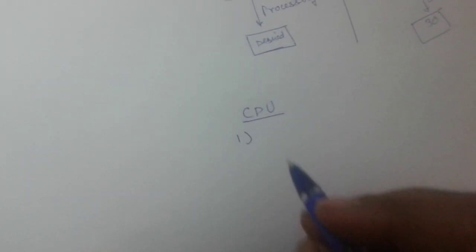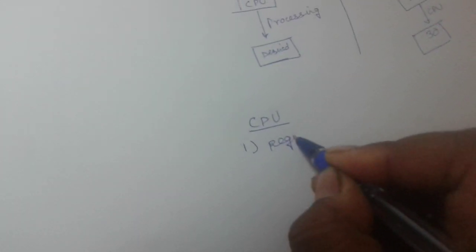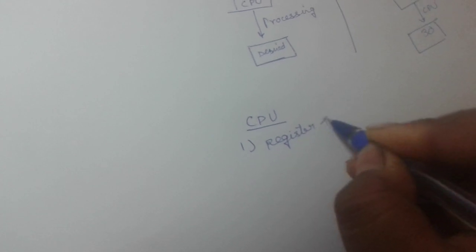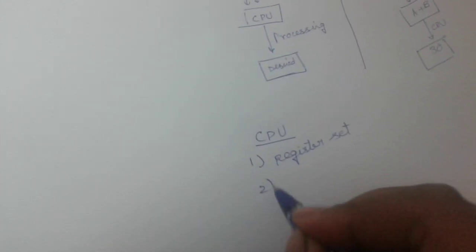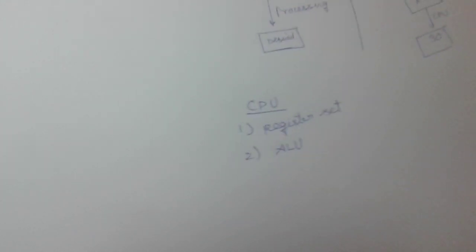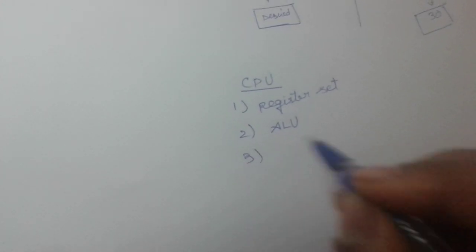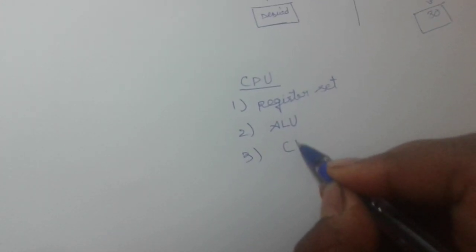So basically, if you are talking about CPU, a central processing unit, it has three components. First is register set, second is ALU, and third is control unit.